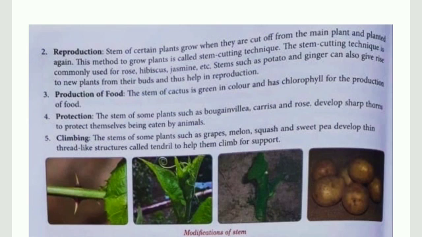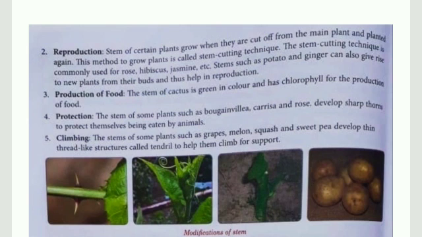Green color means it has chlorophyll, and if it has chlorophyll, then it can produce food. So the stem of cactus is green and has chlorophyll for the production of food. Food means carbohydrate, or you can say glucose also.